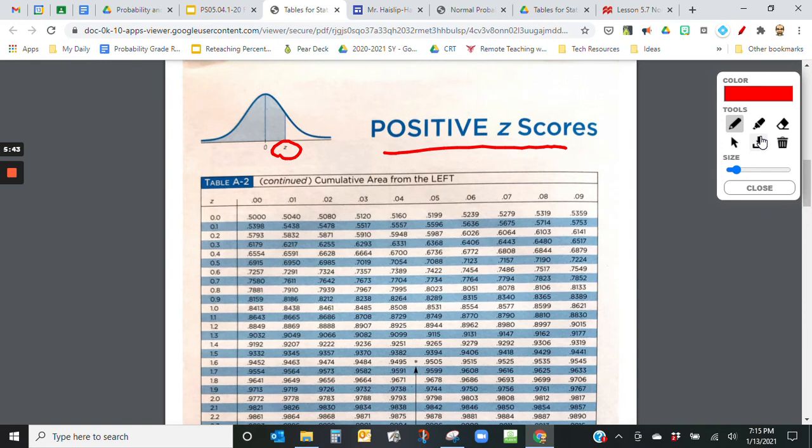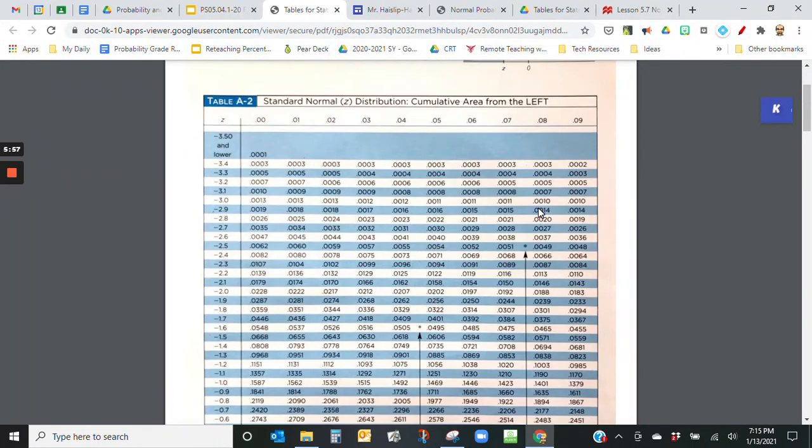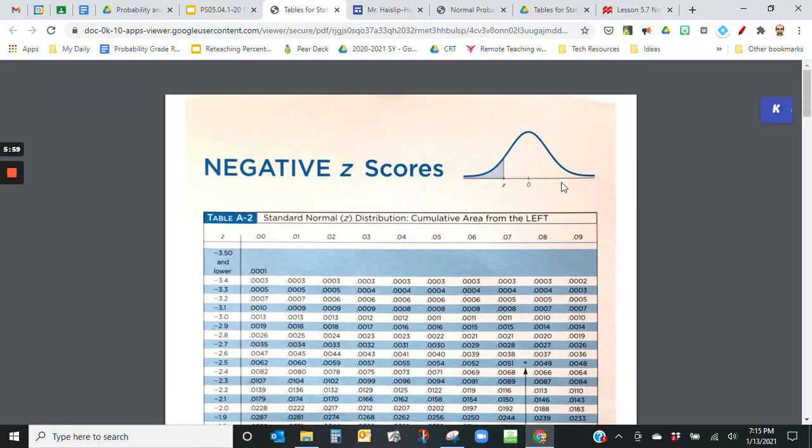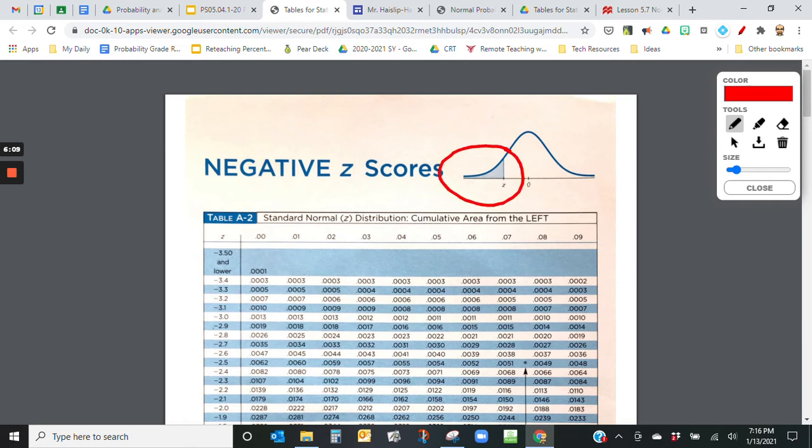You'll also notice that the area that they shaded is the same area that we shaded, to the left. So if I go back a page, I notice that this picture looks an awful lot like our picture that we were just working with. This here is kind of like ours, as long as z here is negative 1.75. Then that's exactly the area we want.